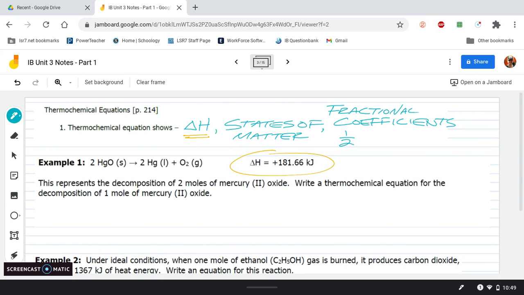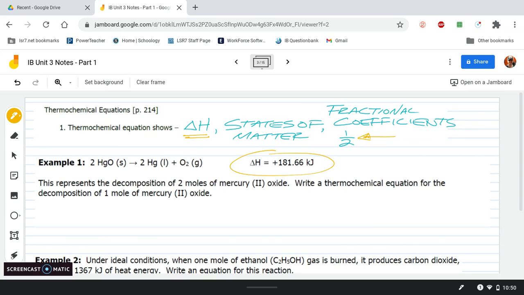Things like 1/2 become pretty common when we're doing thermochemistry because we are often in situations where we have to get a specific chemical to stay a 1. So in order to balance everything else, we may have to use a 1/2. You were never allowed to use a fraction in balancing before.